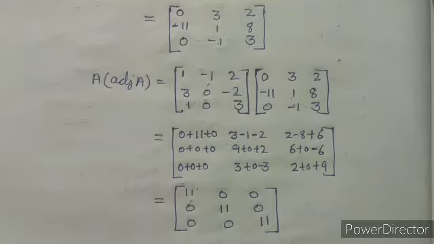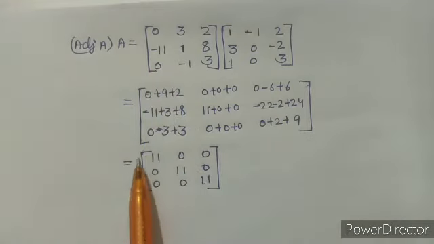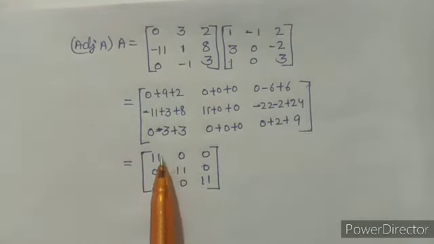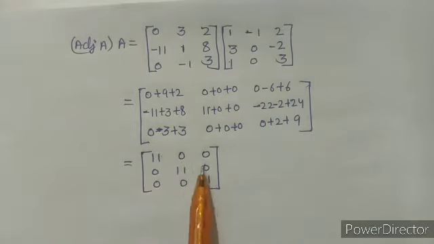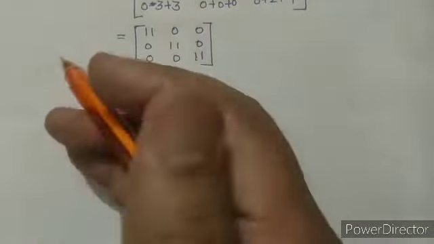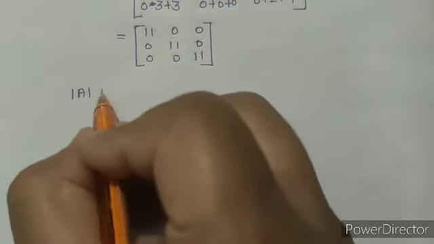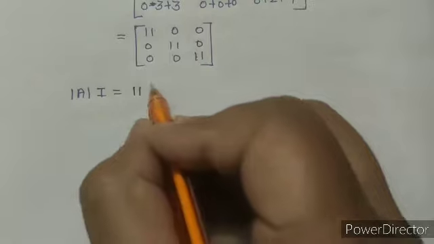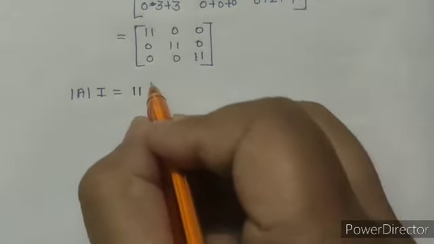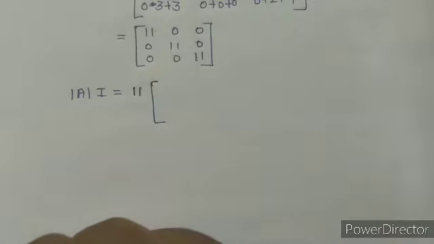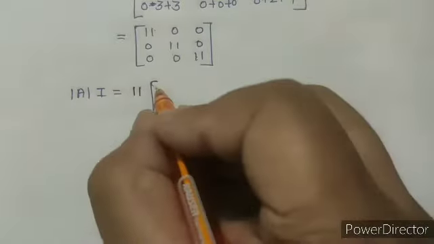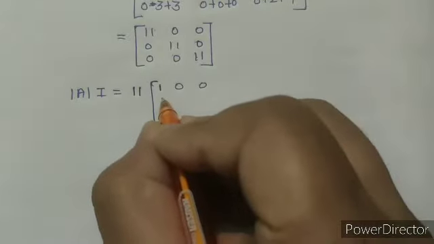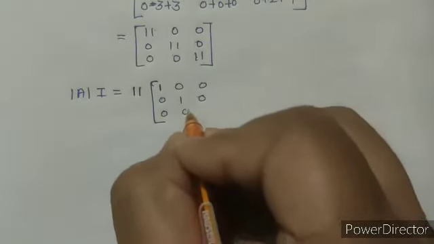Now after this we have to find adjoint A into A, and this is giving us the same result, the scalar matrix 11 0 0, 0 11 0, 0 0 11. Now our last step is that we have to find determinant A into the identity matrix. Determinant A, as we obtained earlier, was equal to 11, and the identity matrix will be of the same order as matrix A, which was of order 3 by 3, so we will take the identity matrix of order 3 by 3.